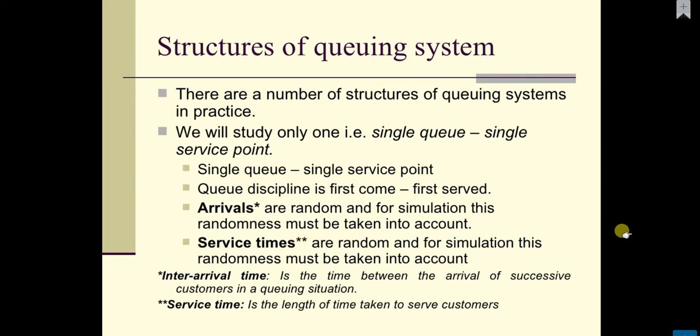Service times are also random, and for simulation this randomness must be taken into account. Inter-arrival time is the time between the arrival of successive customers in the queuing situation. Service time is the length of time taken to serve customers.